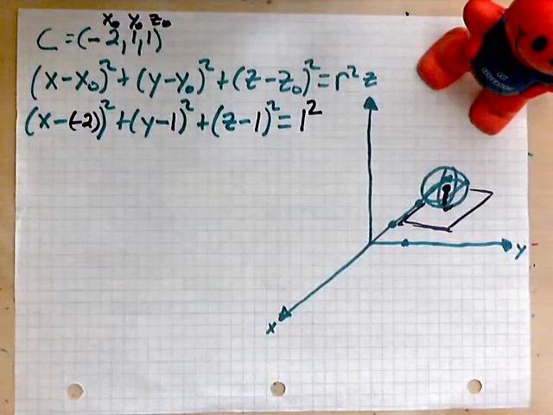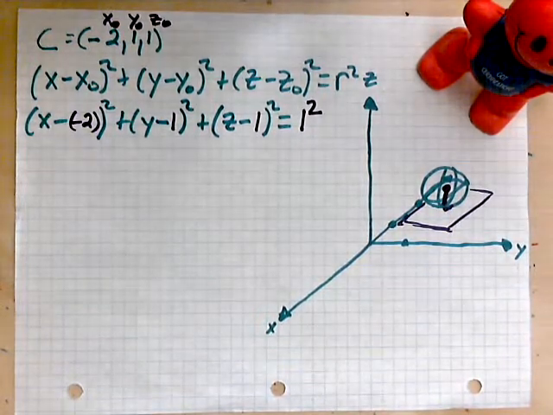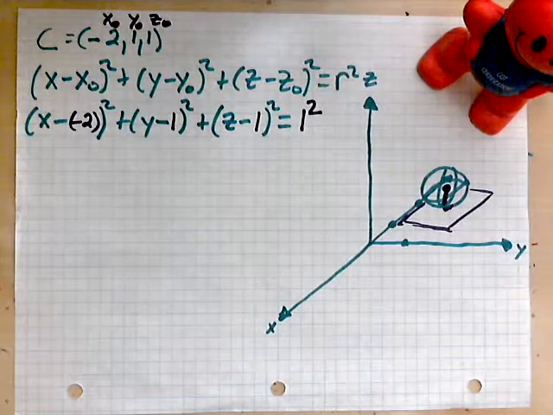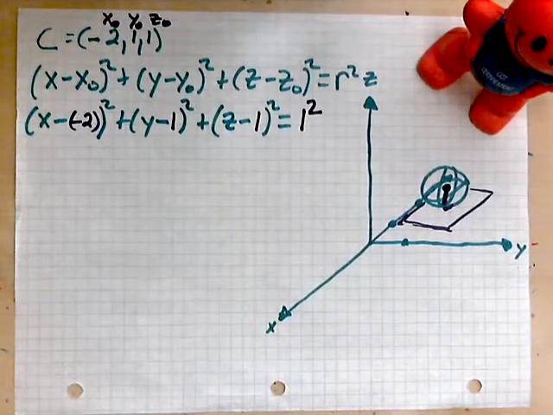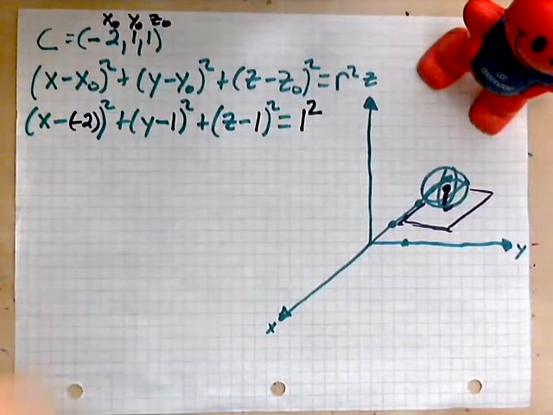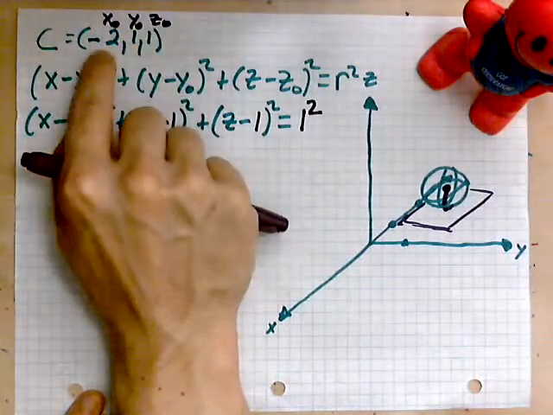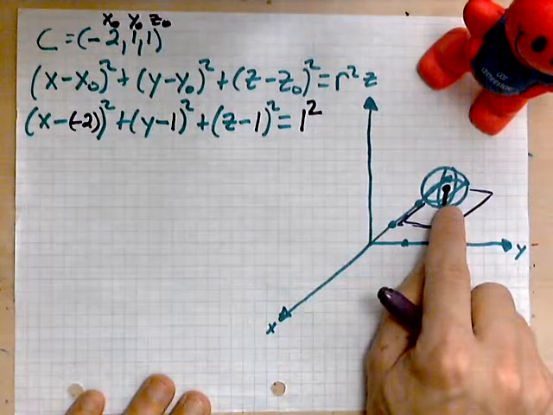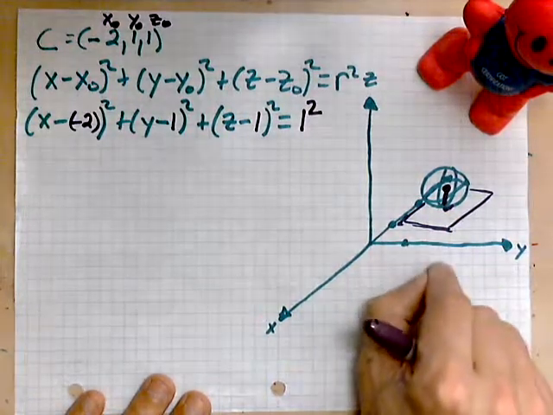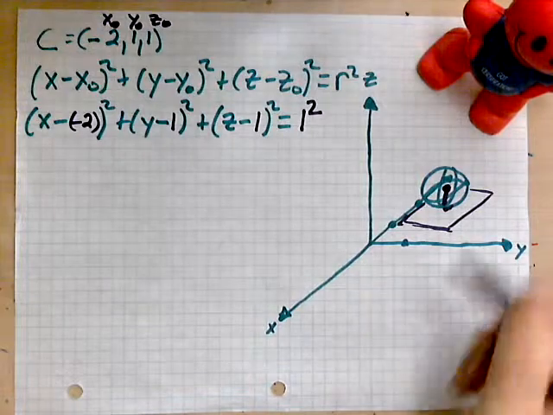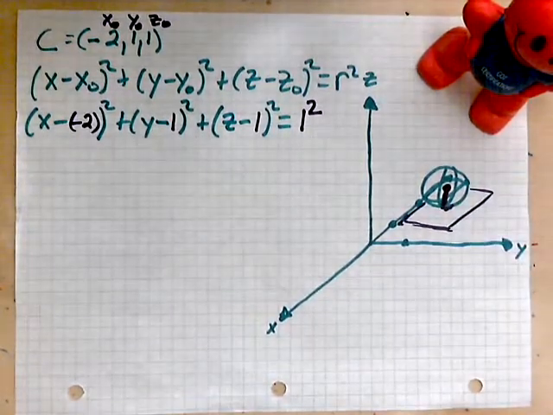And I hope you see why it's 1. So one more time, to be sure you understand the origin of this 1 here. That 1 comes from understanding that the sphere is centered at the point x0, y0, z0, but it's just touching the xy coordinate plane, which means that the z coordinate of the point is the radius of the sphere.